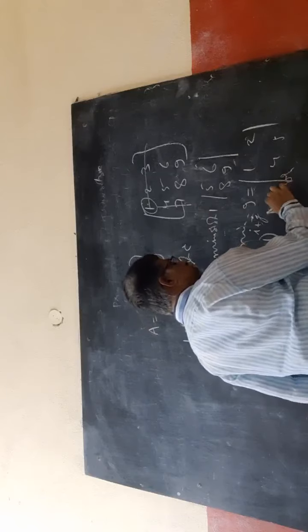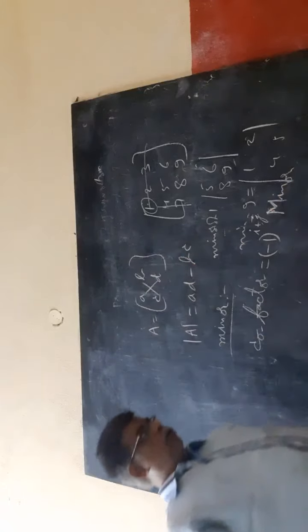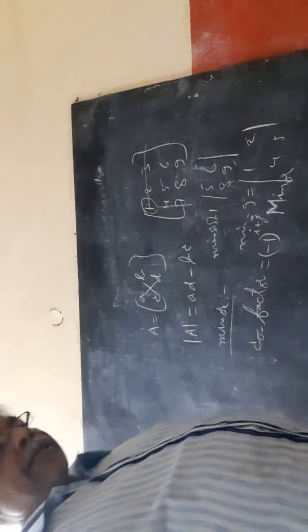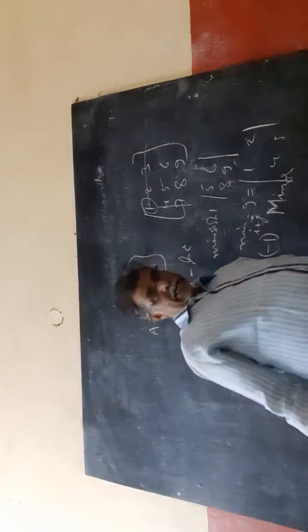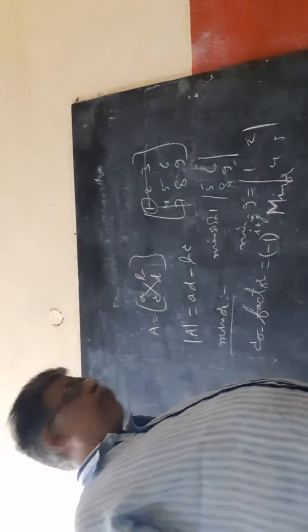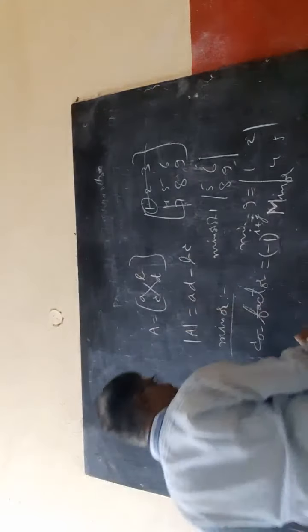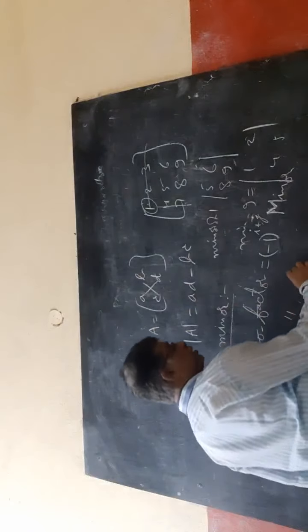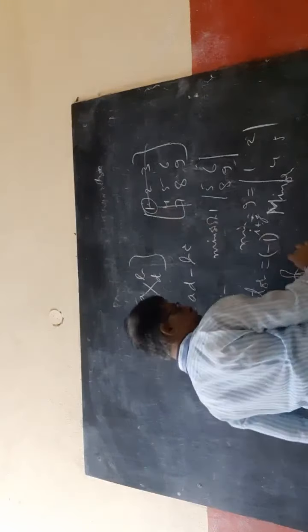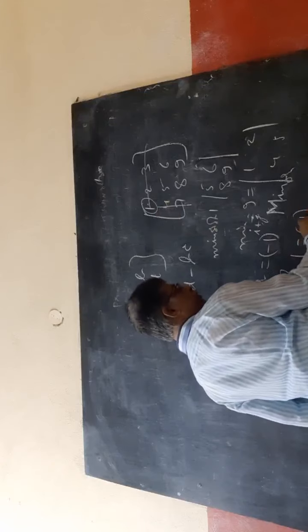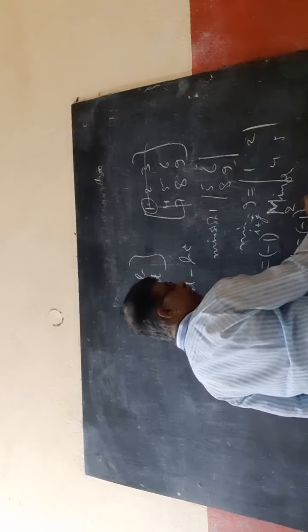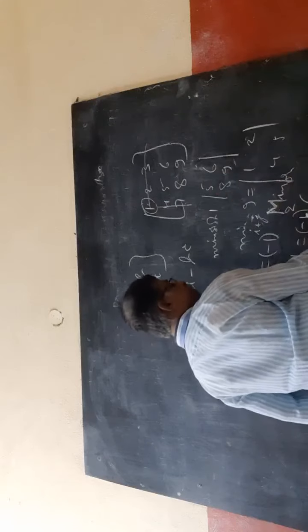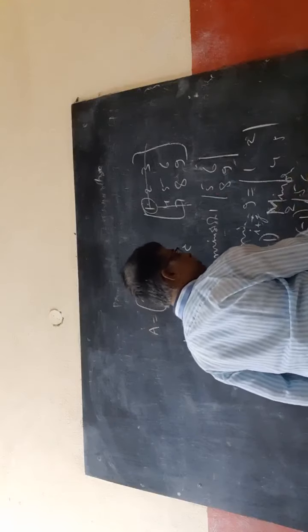For example, if I want cofactor of 1 in this, then -1 whole power, this is first row, first column, so 1 plus 1, 2, into its minor 5, 6, 8, 9.